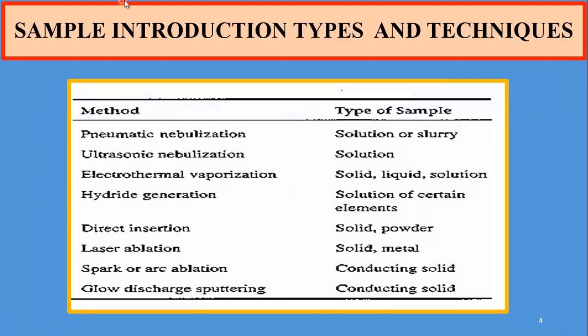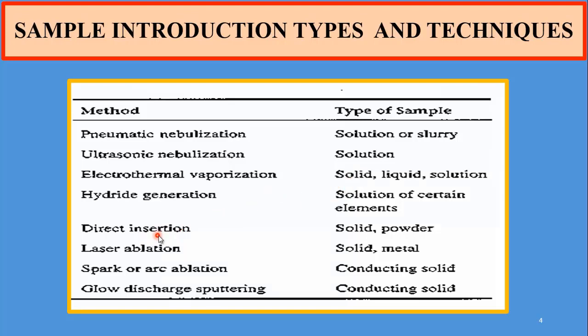Different methods are available to introduce the sample into the mixing chamber. First, pneumatic nebulizer, ultrasonic nebulization, electrothermal and hydride generation. These methods are used if our sample is present in liquid solution or in slurry form.